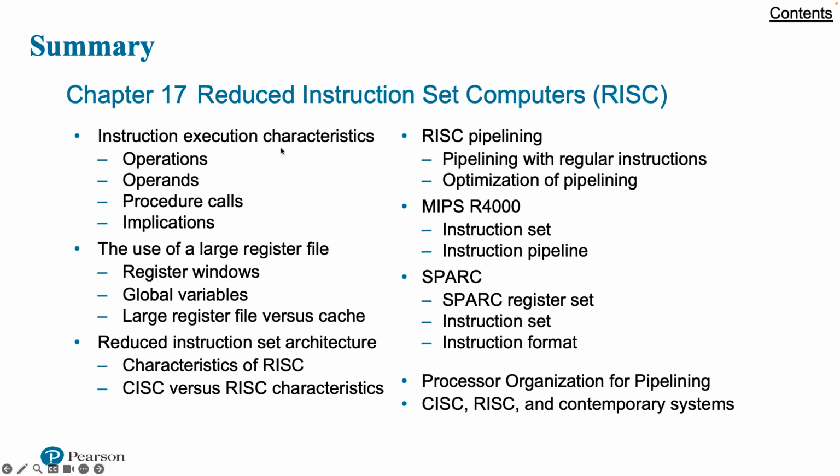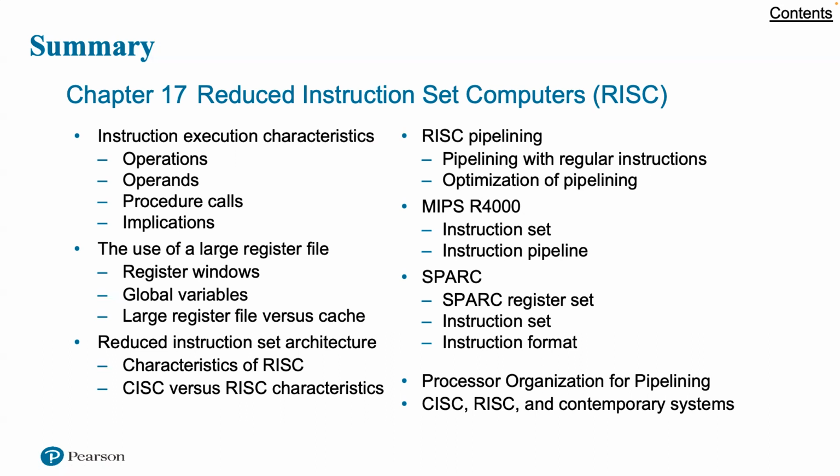So we looked at the instruction execution characteristics and the use of large register files. We talked about reduced instruction set architectures. We then talked about pipelining and some interesting ways of looking at optimization, even flipping around some of the commands, and then making sure that we don't do things out of order at the end, but at least we can start things in parallel.